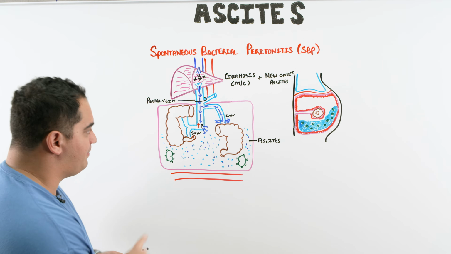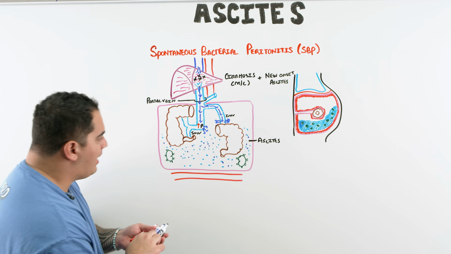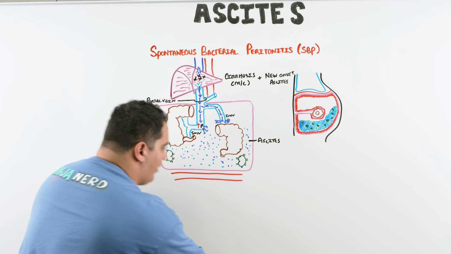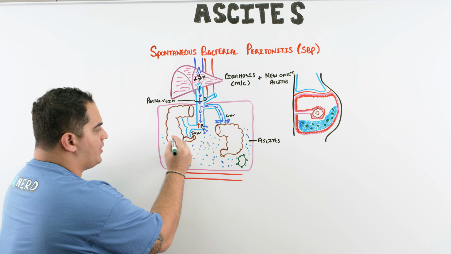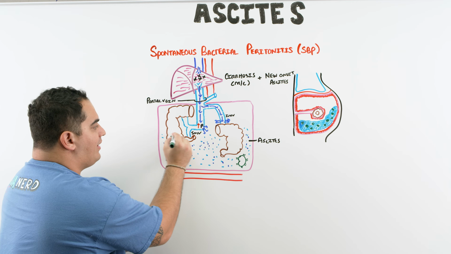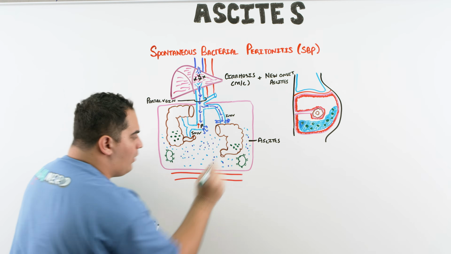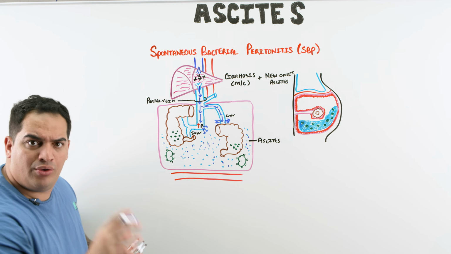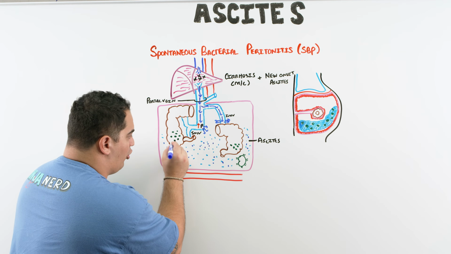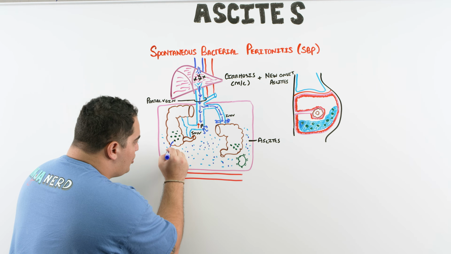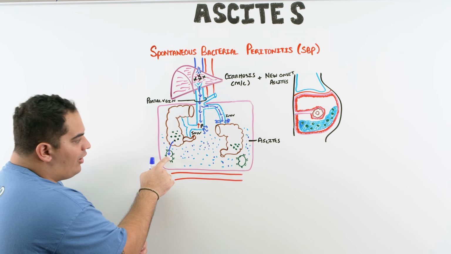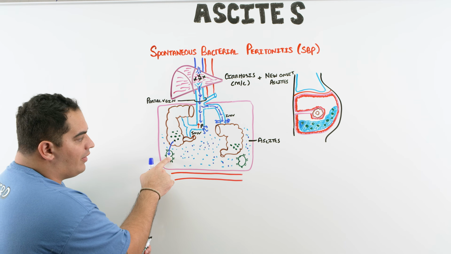But here's what's really interesting. The concept behind this is that you have bacteria that are a part of our flora. So there's this theory that you have bacteria within your GI flora here. And then what happens is some of these bacteria, usually the same type, it's usually monomicrobial, will spread from the GI lumen and go to the nearby mesenteric lymph nodes.